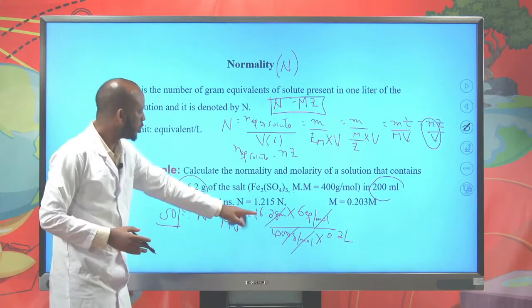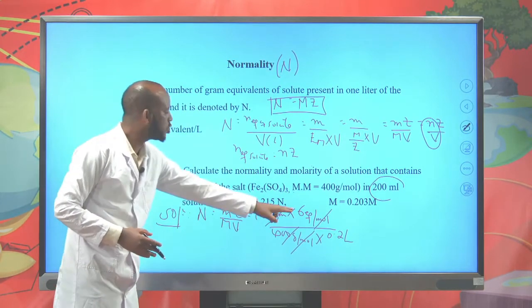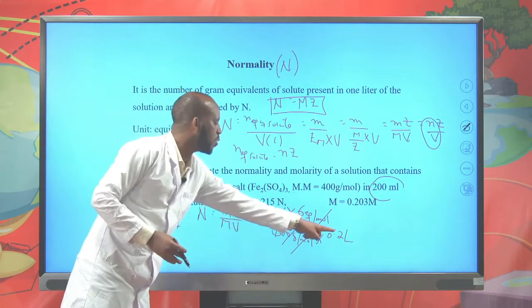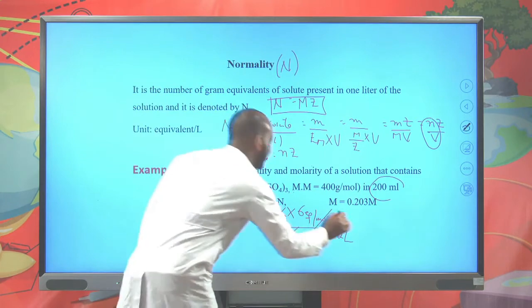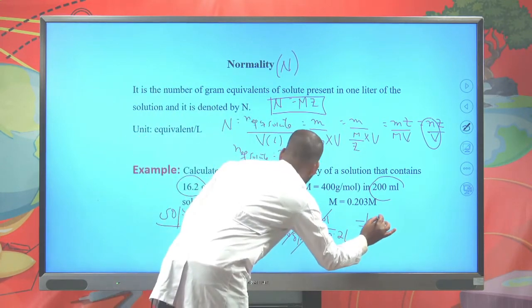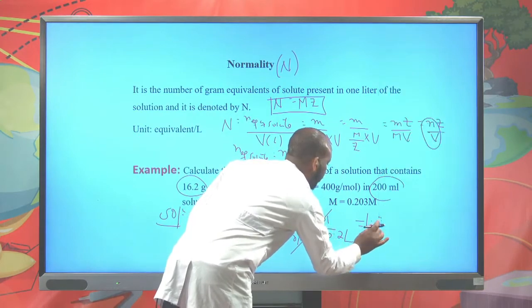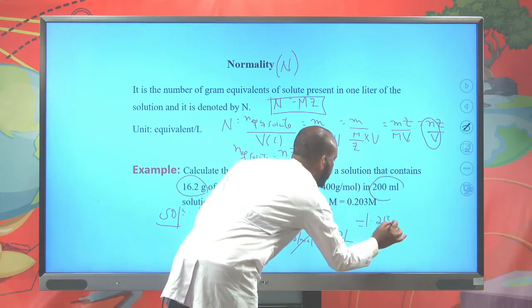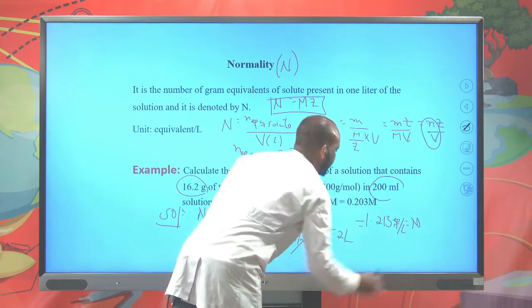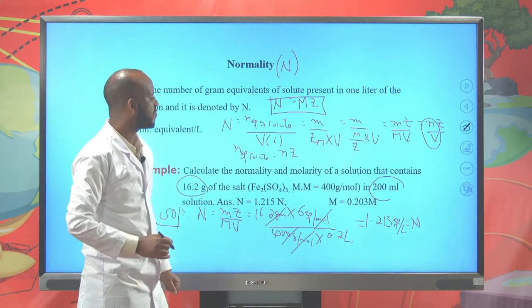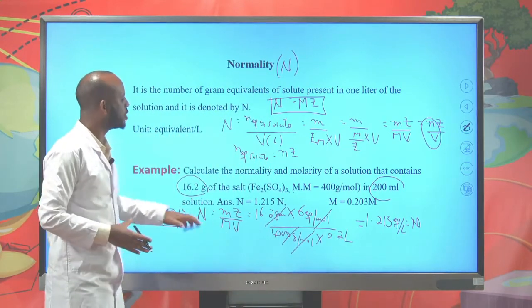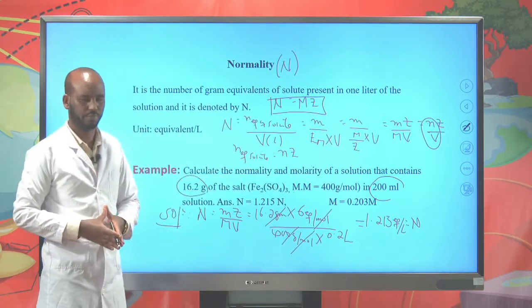Therefore, 16.2 times 6 equivalent divided by 400 times 0.2 liter is 1.215 normal. What is the molarity of this solution?